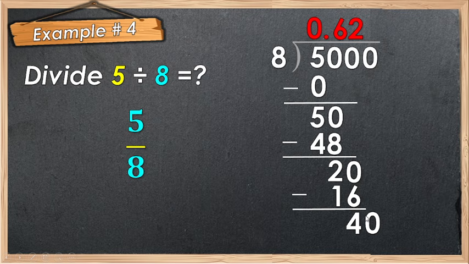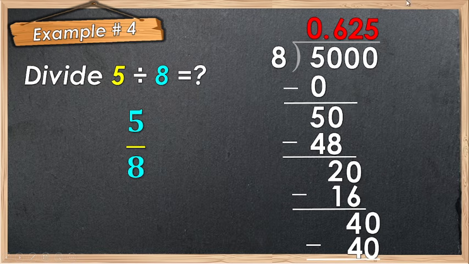So we have now 40 divided by 8. The answer is 5. Then 5 times 8 is 40. Therefore, 40 minus 40 is 0. So, until you get the 0, you need to stop. Therefore, 5 divided by 8, the quotient is 625 thousandths or 0.625.